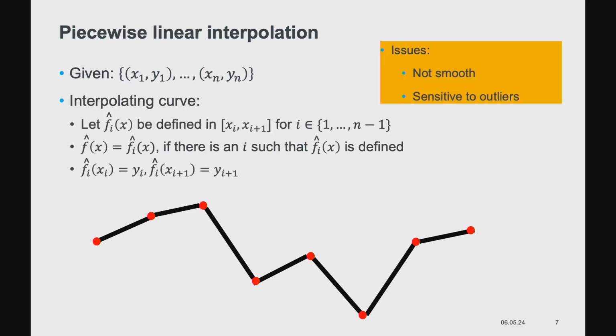And so the interpolating curve that we get here is easy to define. We basically just say, if we have an x that is between these 2 points, we just take the linear interpolation between these 2 points. The model also becomes larger and larger as you observe more data points.